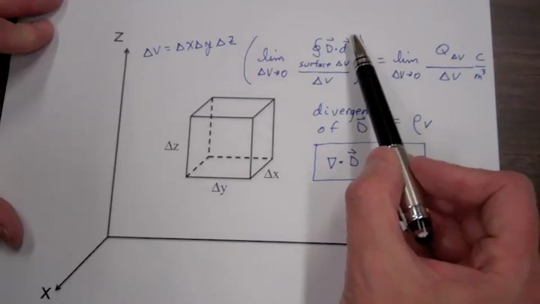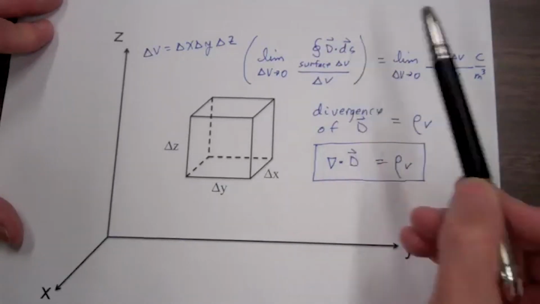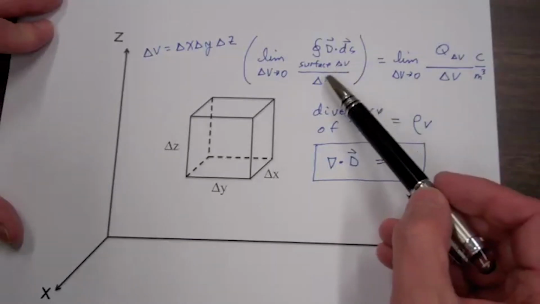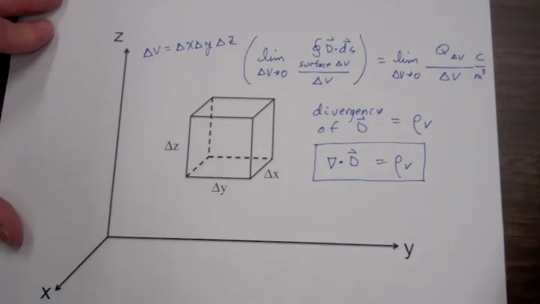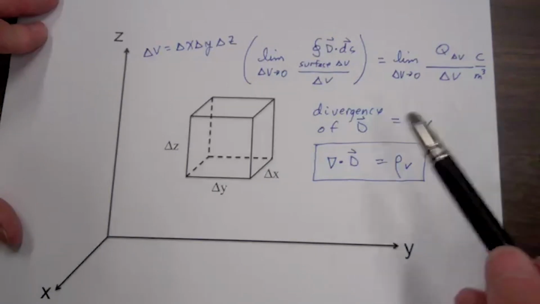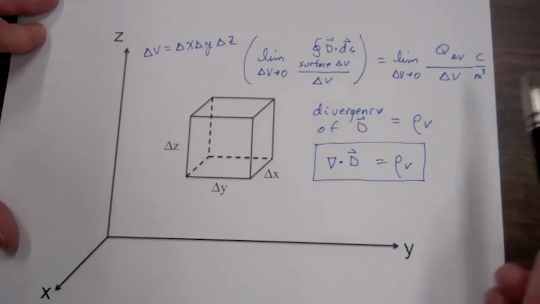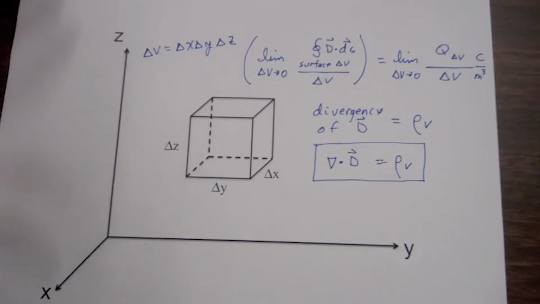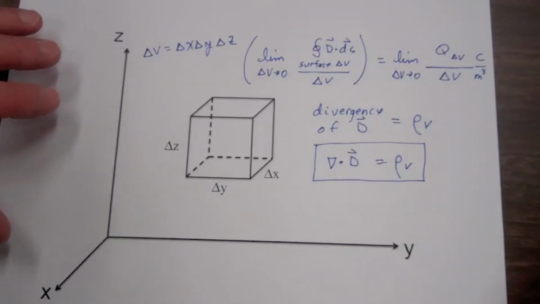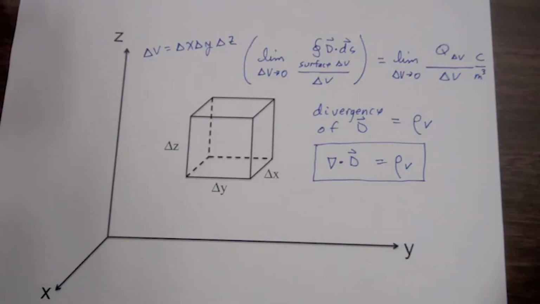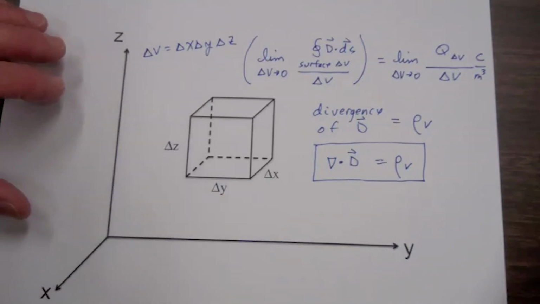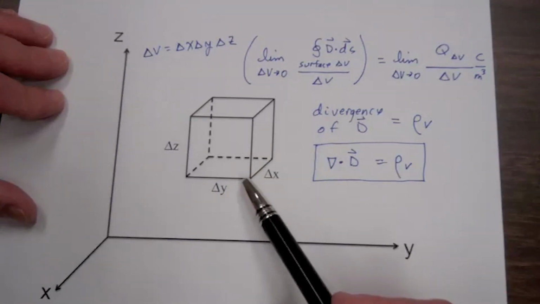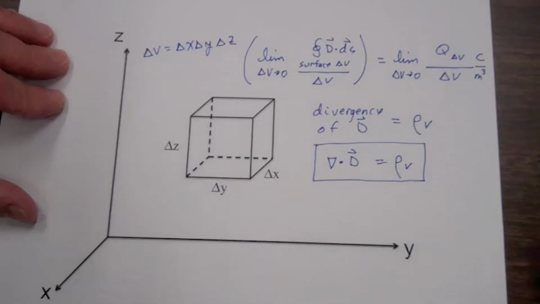We will then add up the integral of D dot dS on those 6 faces, divide by delta V, and take the limit as delta V goes to 0, and we will have an equation for performing the operation of divergence in Cartesian coordinates. Now, if you wanted an equation for the divergence in spherical or cylindrical coordinates, you'd go through the same process, but you would start out with the differential volume element in those different coordinate systems.